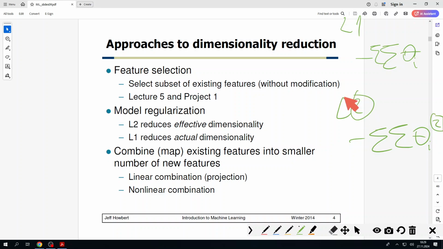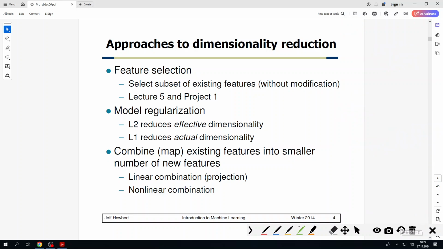Now, what we want to do right now is to say, okay, we understand that some of our inputs might be unnecessary, some might be partially empty for certain data entries, and some might be correlated with others. What we want to do now is to somehow combine multiple inputs into a fewer number of inputs. So let's say you have 100 inputs combined into 10 inputs, which are linear or non-linear combinations of your inputs.